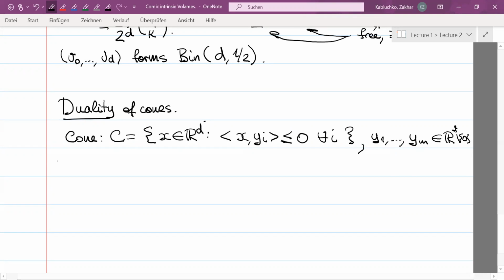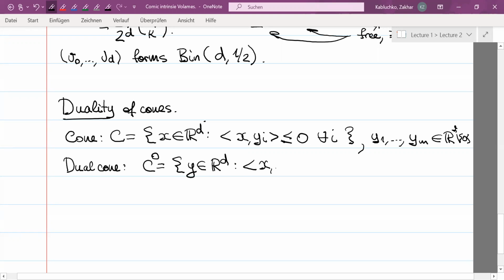So the dual cone is the set of all inequalities, which I denote by y, such that all points from C satisfy these inequalities.